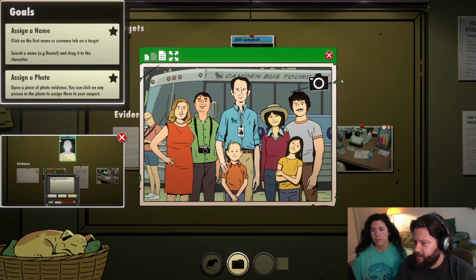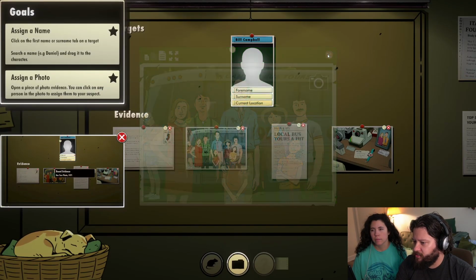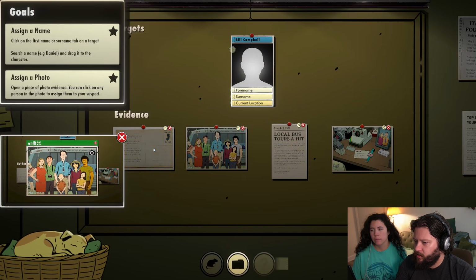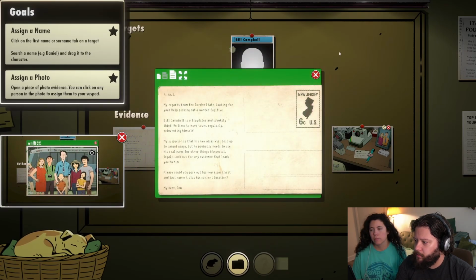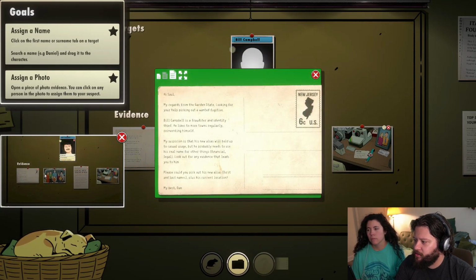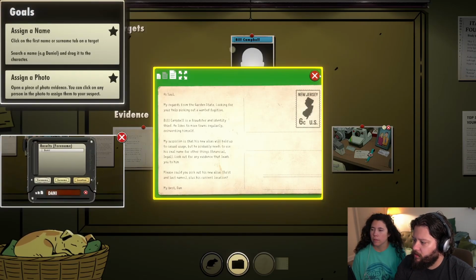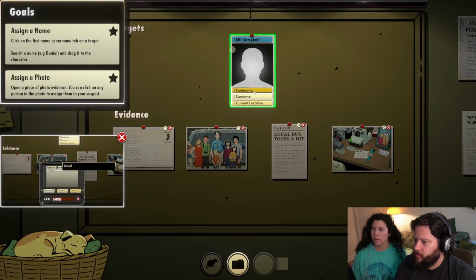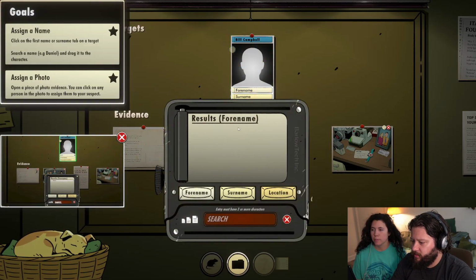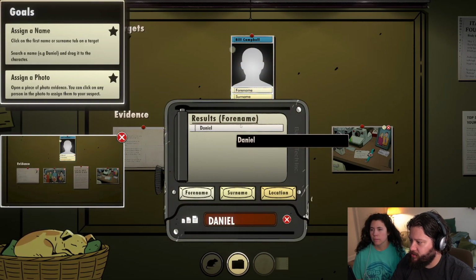Okay, so we think this is one of our targets. Wait, are they telling me to do it with that head in particular? I think that's what it is. Okay. So they're telling me this is Daniel.